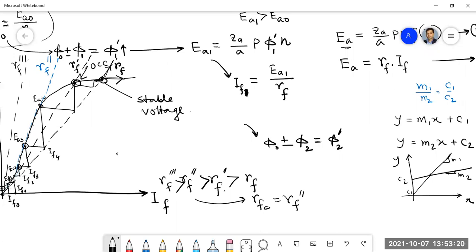Got it? কি বুঝতে পেরেছো সবাই? Let me know. This is a very important point, and we get several numerical problems on this. So if you don't understand, let me know.